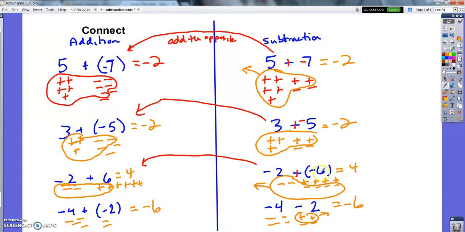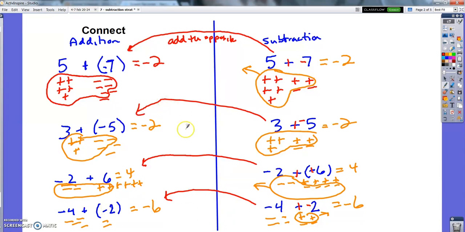Instead of negative 6, positive 6, and I'll get the same answer. One more time, add the opposite. Instead of subtracting 2, I could just add the opposite and get the same answer.